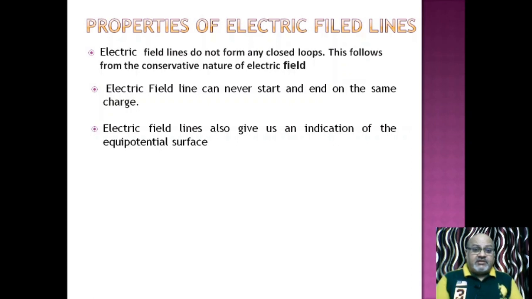And one more thing, it gives an idea about the electric potential also, and tells us about the equipotential surfaces. For your information, equipotential surfaces are those surfaces in an electric field on each and every point of which the potential is constant. Such surfaces are equipotential surfaces.